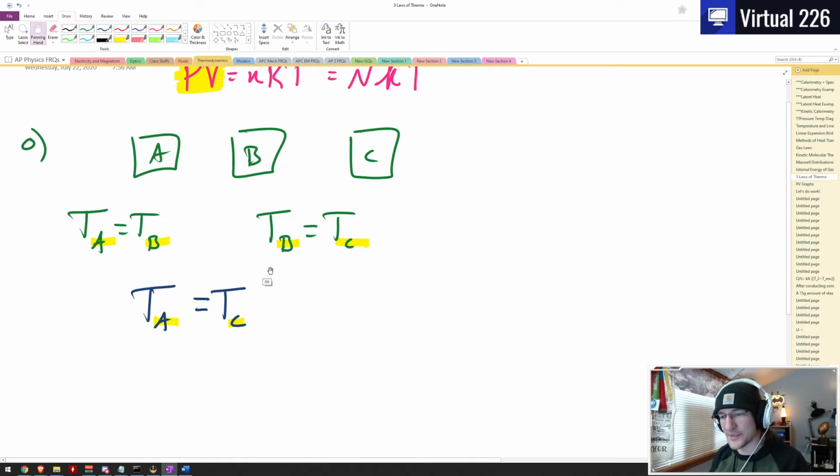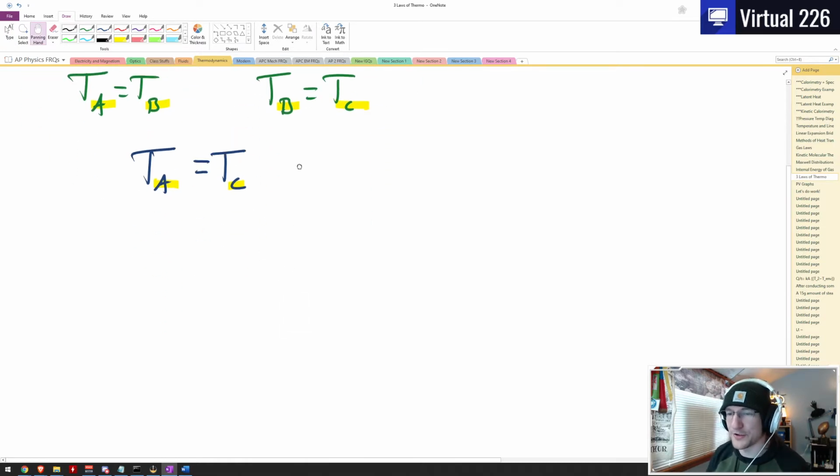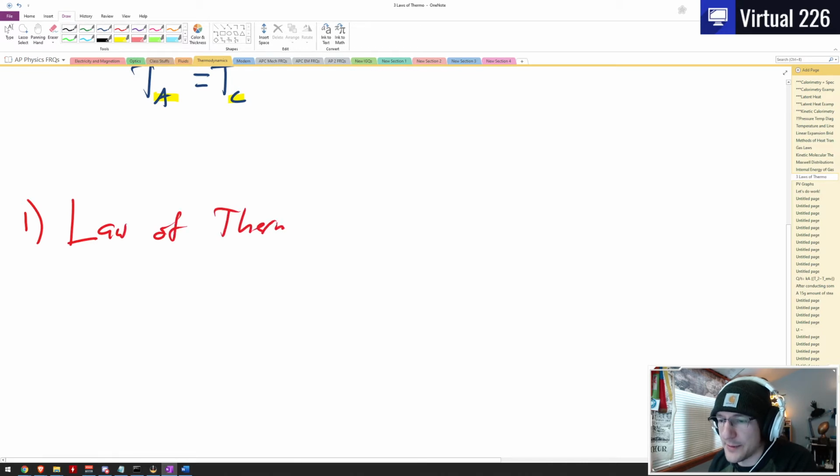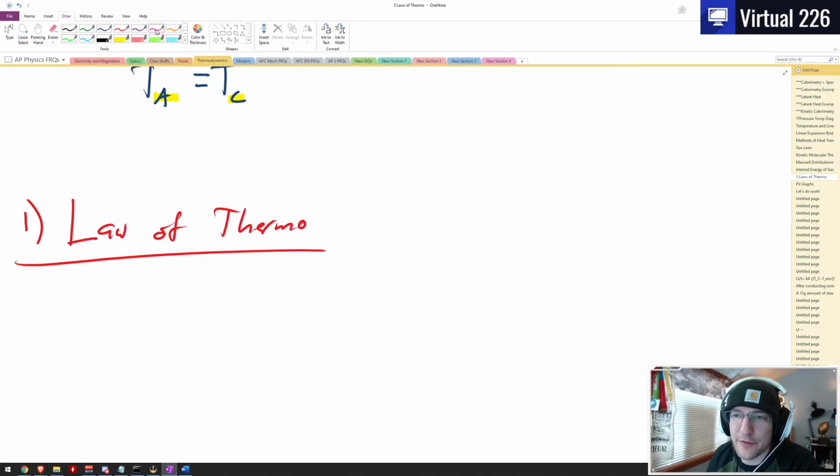Let's actually get into something that looks a little bit more interesting and means something a little bit deeper on the physics level. For the first law of thermodynamics, we have the following. The change in internal energy of an ideal gas is equal to Q, which is some amount of heat.